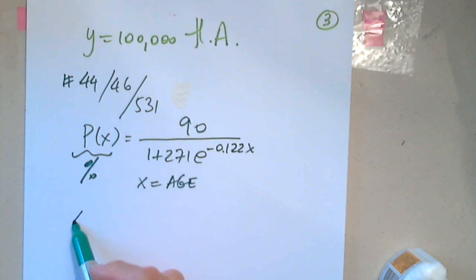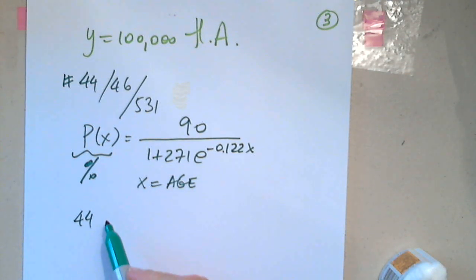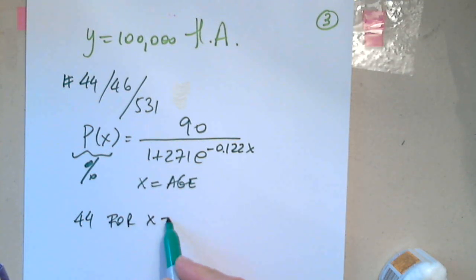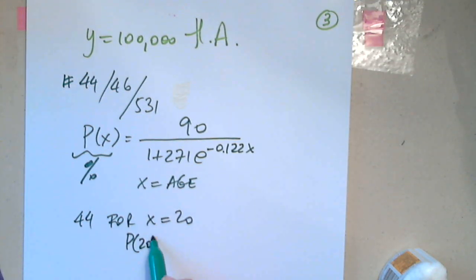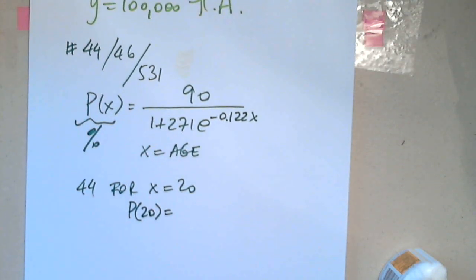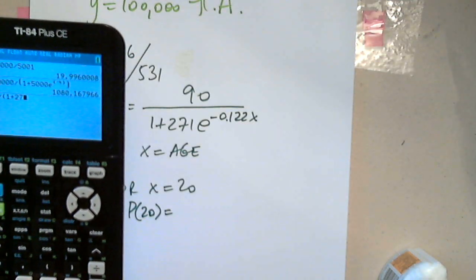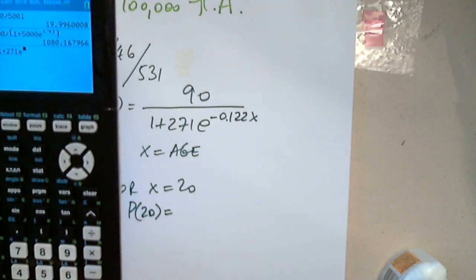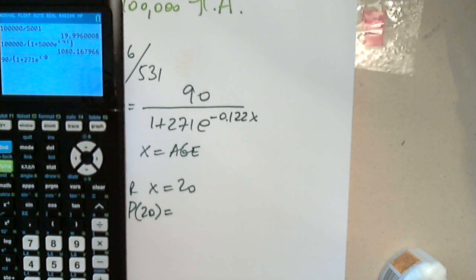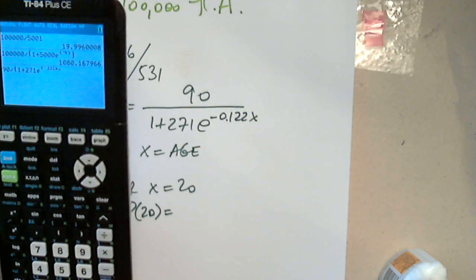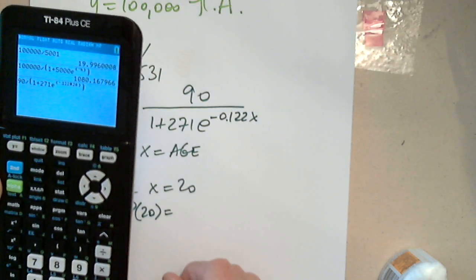What percentage of 20-year-olds have some coronary heart disease? So for x equals 20, we're asked to find the percentage of people, and we expect the answer to be very low. We can just calculate it as 90 divided by, in parentheses, 1 plus 271 e, remember where e is, please, in parentheses, negative 0.122 multiplied by 20, close the parenthesis for the power and close the parenthesis for the denominator.